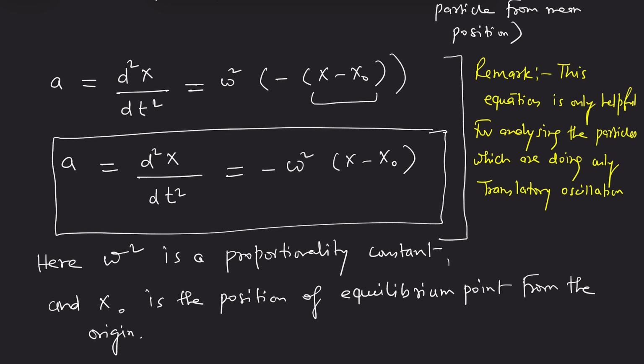Translatory oscillation is also known as linear SHM. Then we can use this equation.